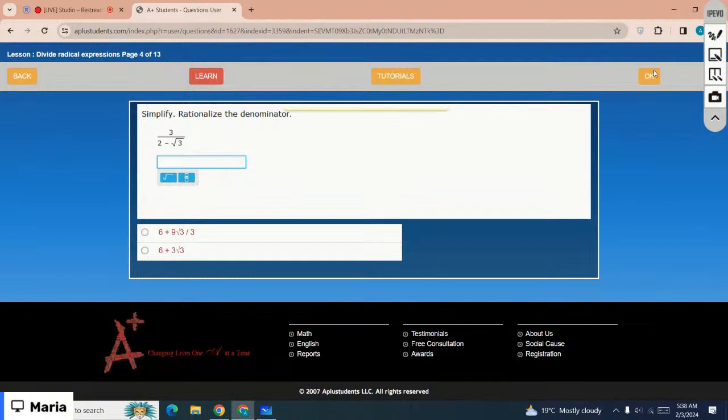The correct option is option number 2, right? That is 6 plus 3 square root 3 divided by 1, because 4 minus 3 is 1. So option number 2 is the correct option. Got it? Very good.